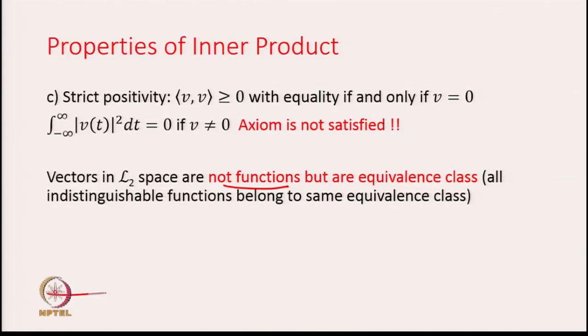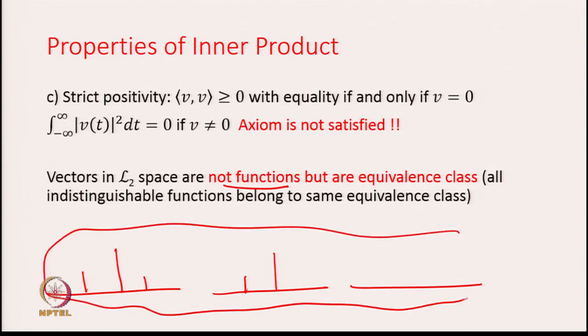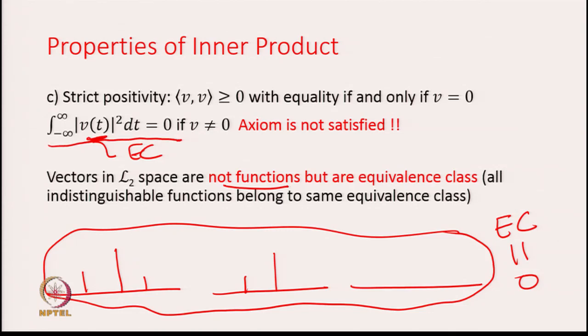For example, if I have a signal like this, or a signal like this, or an all 0 signal, all these signals, because they are indistinguishable functions, belong to the same equivalence class, and let us say they belong to the equivalence class of 0. So if I say that these V t's are not functions but equivalence classes, then this thing can only be 0 if the equivalence class is 0, and hence we get rid of this mathematical subtlety.